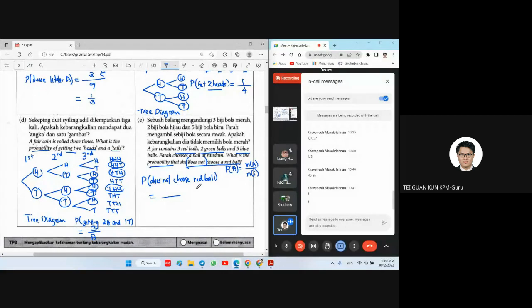Okay, does not choose red ball. Maksudnya dia kena choose apa? Kalau tak nak choose red ball, dia kena pilih bola apa?